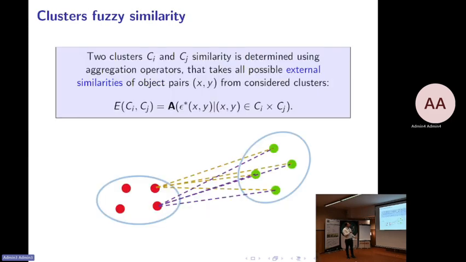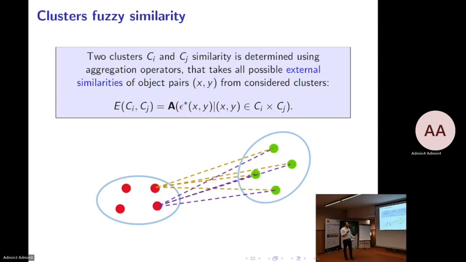If we have two clusters, which may have more than just one external similarity, then using an aggregation operator, we aggregate all these external similarities into one similarity, and this similarity will represent how similar these two clusters are. And the important thing here is that we are aggregating only external similarities. Internal similarities are not aggregated here.